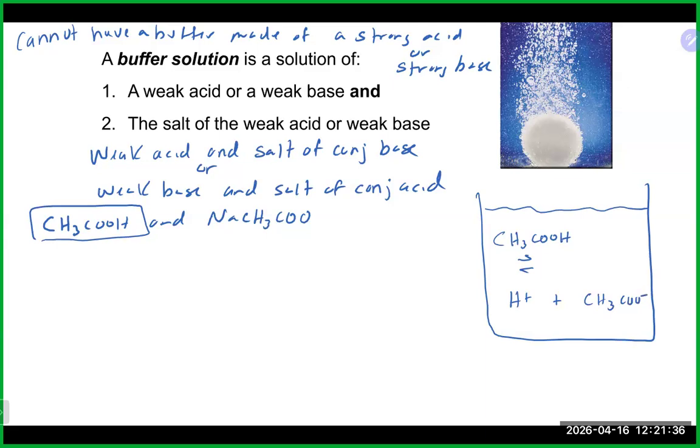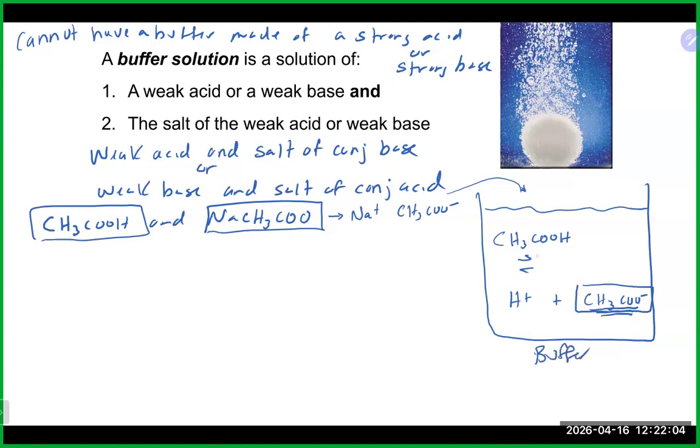Now, what happens when you add your sodium acetate in there? This sodium acetate, as we talked about, is a source of sodium and acetate. So when that goes for a swim in there with the acetic acid, what you're essentially doing is beefing up the acetate part of the buffer, right? And what you end up with is two parts to your buffer in this solution.